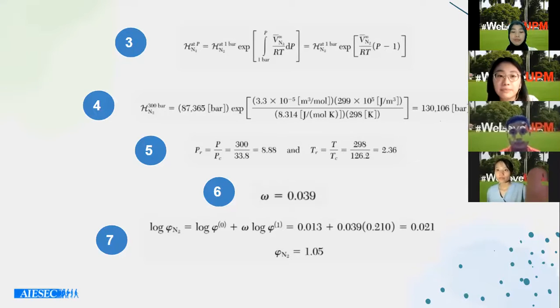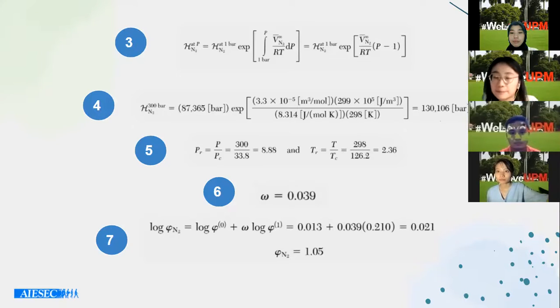By looking up the acentric factor from Appendix A.1 of the textbook, you'll notice that omega equals 0.039. Using the values above, we substitute into equation 7, and we get the answer 0.021, or the fugacity coefficient of the nitrogen gas equals 1.05.